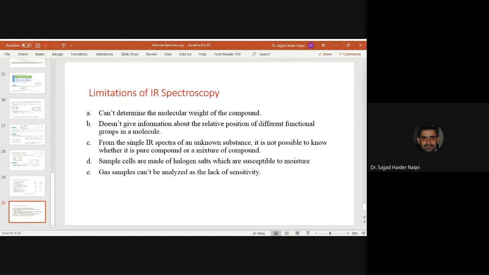With this, we have finished the presentation, and we have completed the course content of discussing ultraviolet and infrared spectroscopy. If you have any question at this stage, you can raise your hand and ask. Otherwise, you can go back and read the presentation again and come back anytime for any questions.